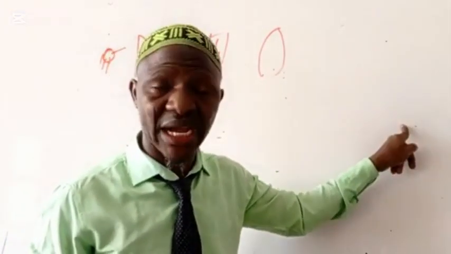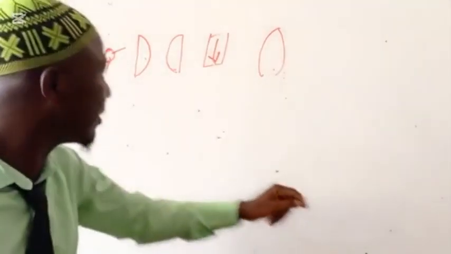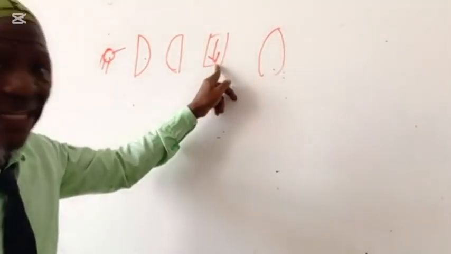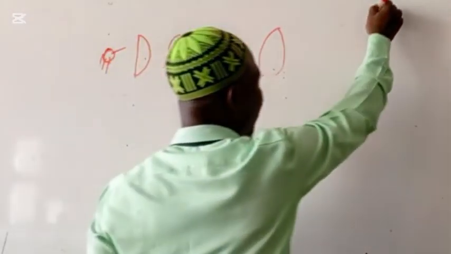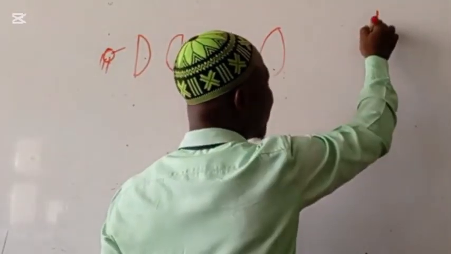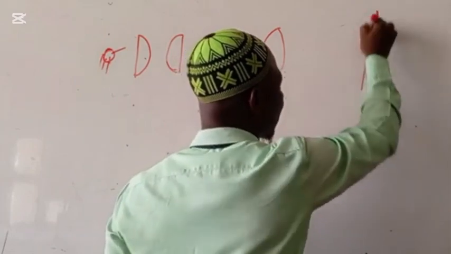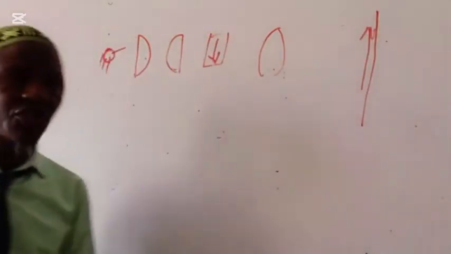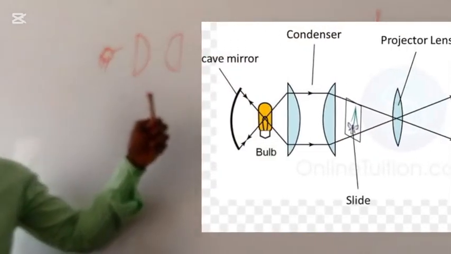In order to avoid that, we now make our object to be what? Upside down, so that at the end of the day, the image that will form on the screen will be what? Upright.